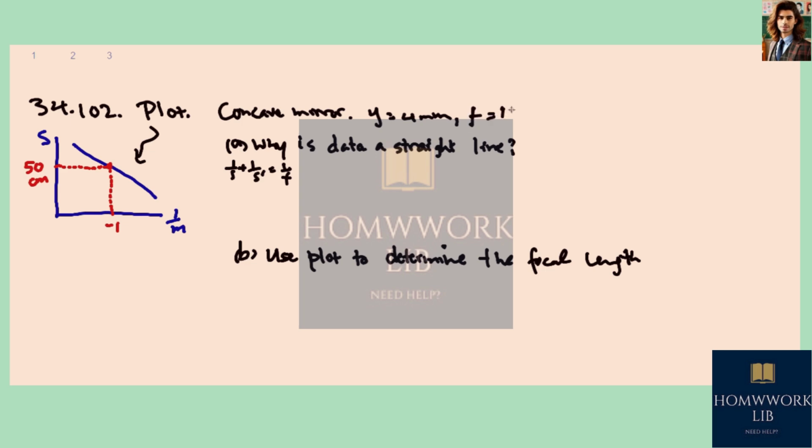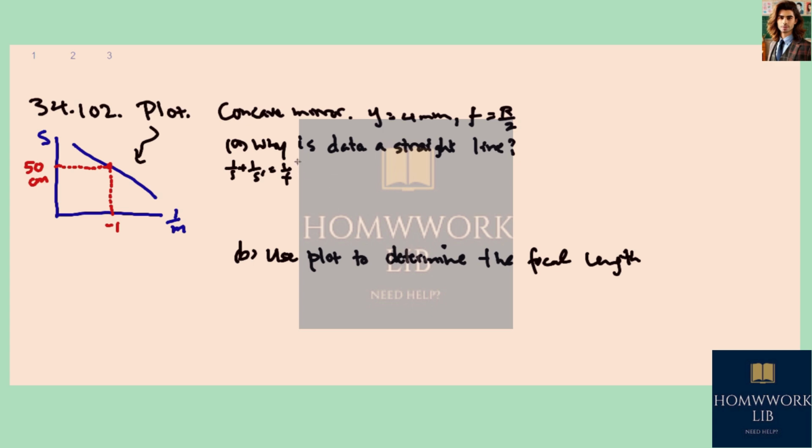It's fixed by the radius of curvature divided by 2. So this is a constant number. So only S and S prime are changing. So if you change the position of your object, the position of your image changes, but the focal length here remains the same because we're not changing the size of the mirror.